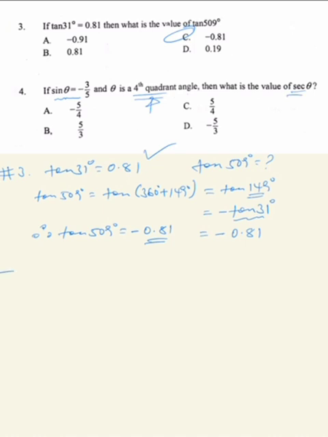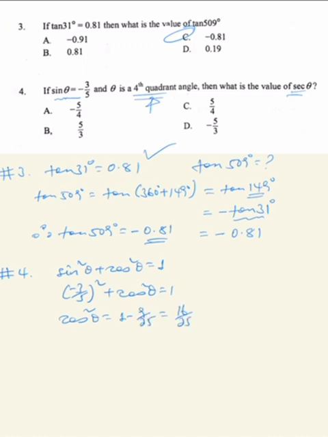To answer the fourth question, knowing this property is enough: sin square theta plus cos square theta is 1. Since sin theta is minus 3 over 5, we square it, then cos square theta is equal to 1 minus 9 over 25, which is 16 over 25.